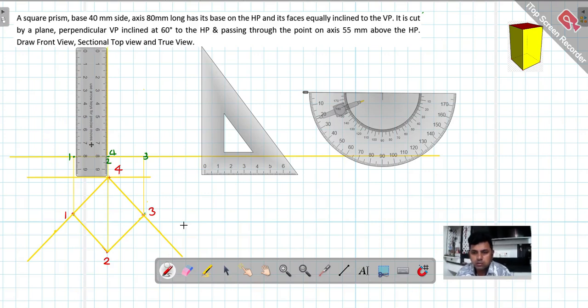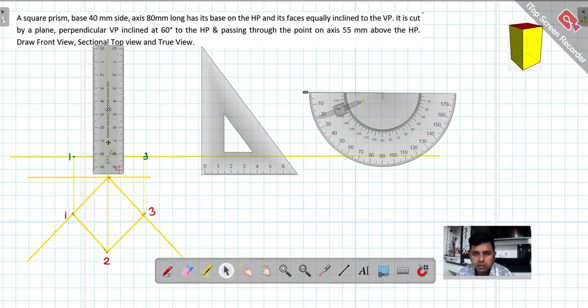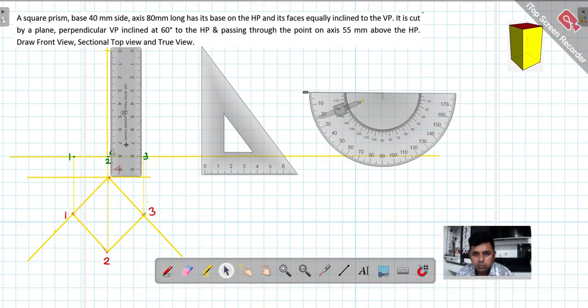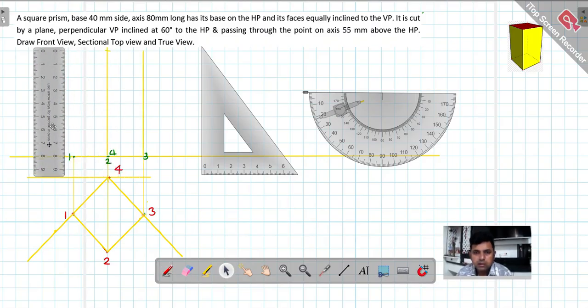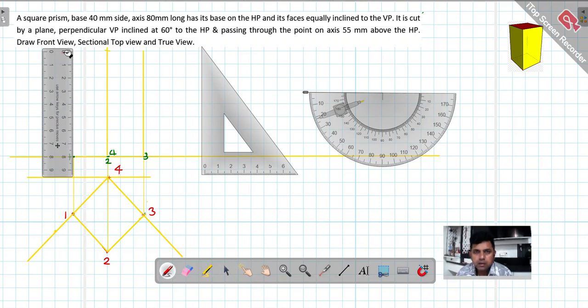So here I got the 0 line and this is 80. Similarly, I'm taking this point here, parallel to the axis from point 3. I'm drawing one more line up to the 0. Again, I'm taking the scale here. 80 mm I need, and I'm drawing the height of 80.